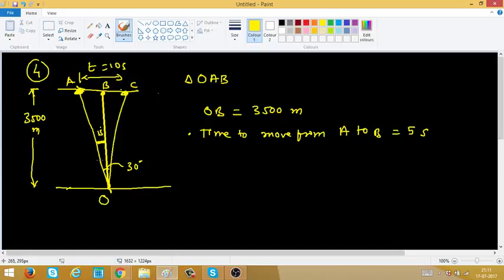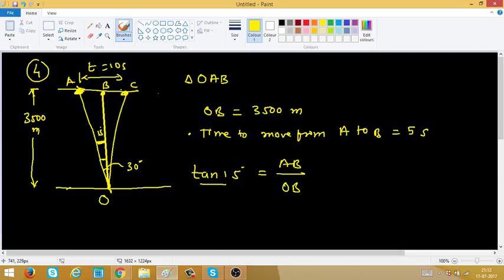Now this angle is 15 degree and we know the height. So if I take tan of 15 degree, that will be AB opposite side upon this adjacent side, because OA is the hypotenuse. So this will be OB. So if I find out tan 15 degree, I know the value of tan 15 degree from the calculator.